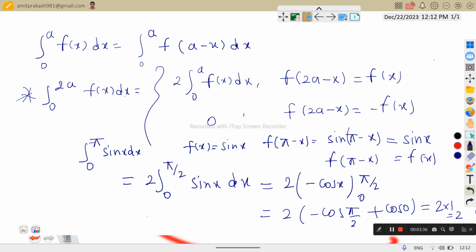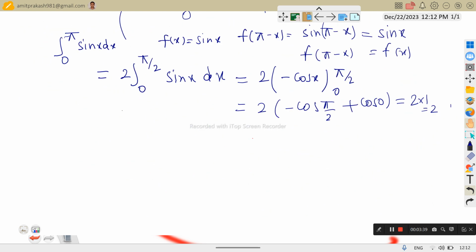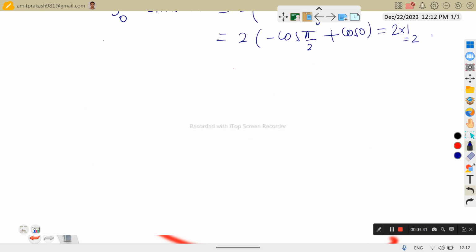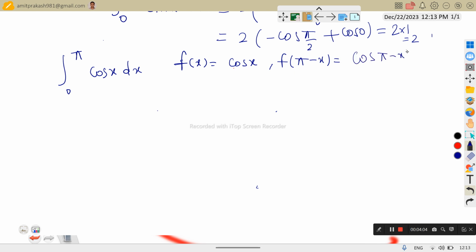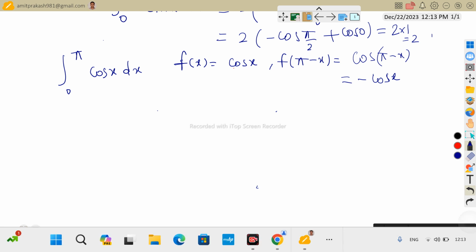So again, we are going to explain this formula with a second example, integral 0 to pi cos x dx. What will be the value of this integration? We take f(x) equals cos x. Here f(pi minus x) equals cos(pi minus x) equals minus cos x, since in the second quadrant cos theta is negative.